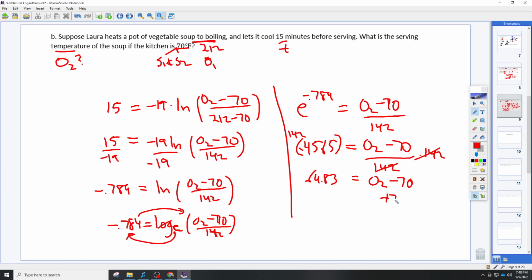And then I'm just going to add the 70 over, which would be 133.83 equals O2. Right? 134.